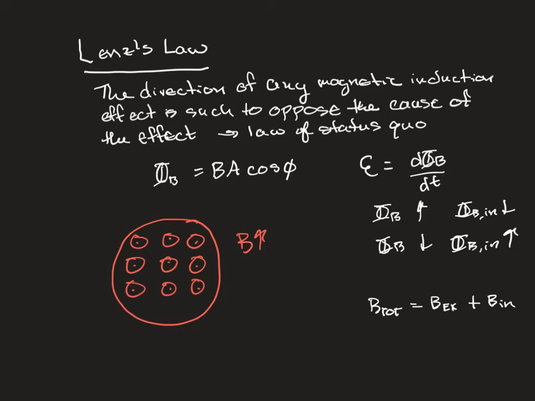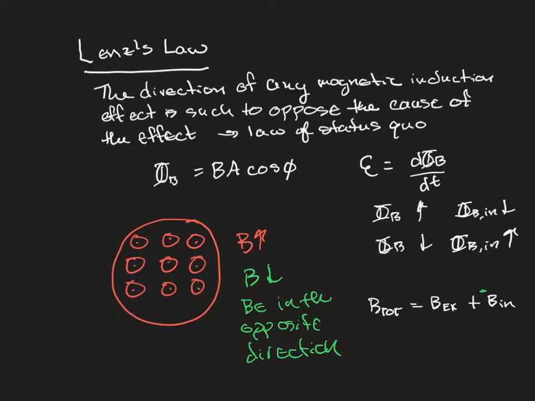That means that B induced needs to cause a decrease or be in the opposite direction. So that B total equals B external minus B induced, and so they balance each other out so that the increase in the external field leads to a negative induced field so that your B total remains constant. So they're behaving in the opposite direction.